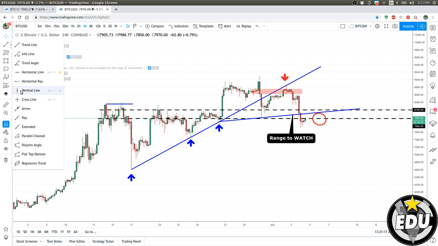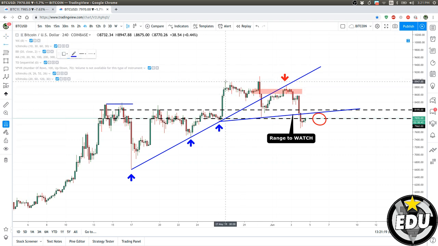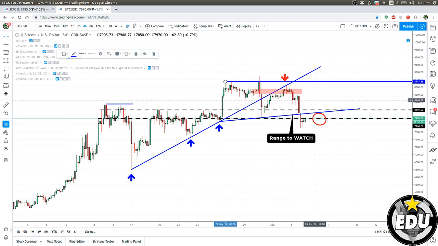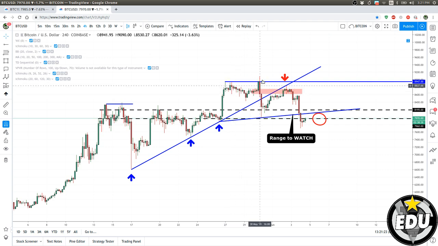Same thing happened here. Okay, price tried to break with a nice candle here. This was even worse than this, because here there was actually a pump, a FOMO pump. Breakout traders got in and boom, they got smashed. So this was manipulation there.